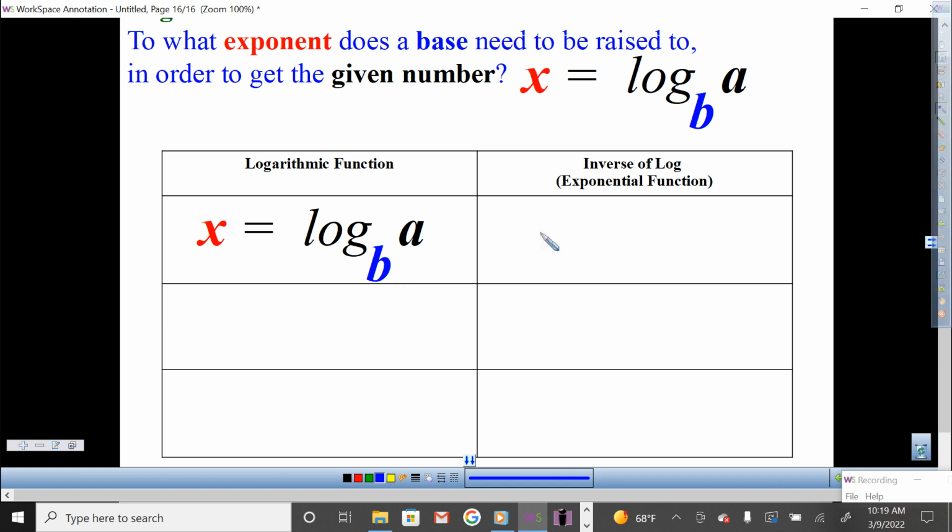That means the letter B is the base. To what exponent does it need to be raised in order to get a given number, what? A. And notice now I did not use the log anymore because now it's an exponential function. Copy that, please.